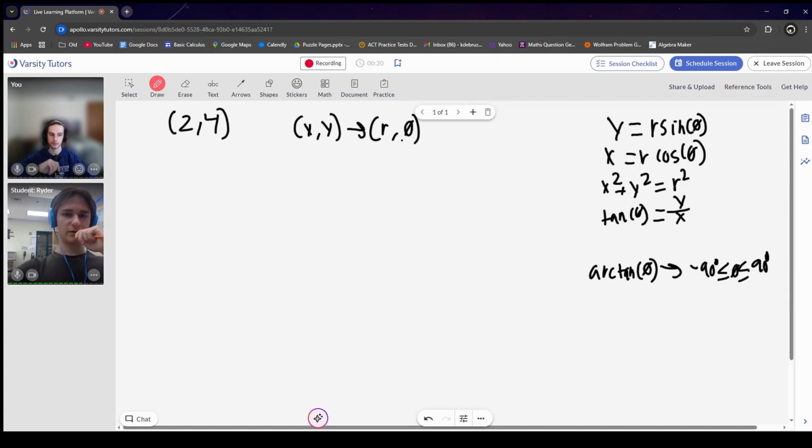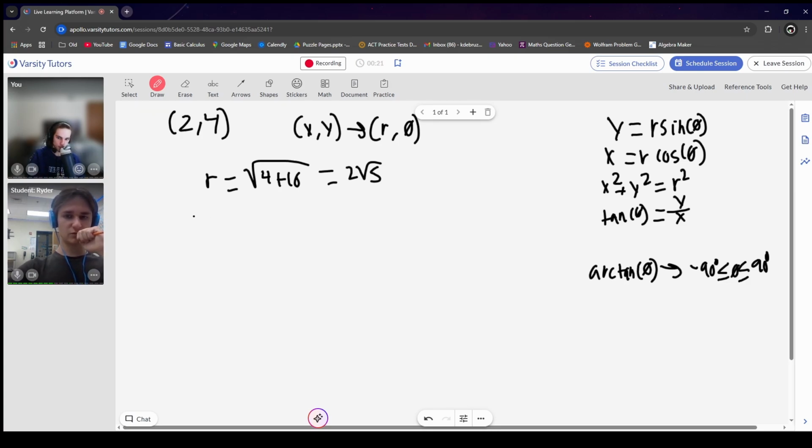But I'll just do it in order. So I'll start with the Pythagorean, and so it's 4 plus 16, so it's 20. So that's going to be 2 root 5. All right, and then for the y value, it's 4 over 2, and that's just 2.